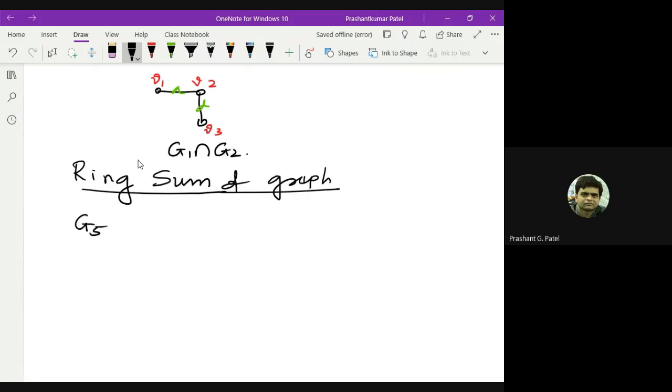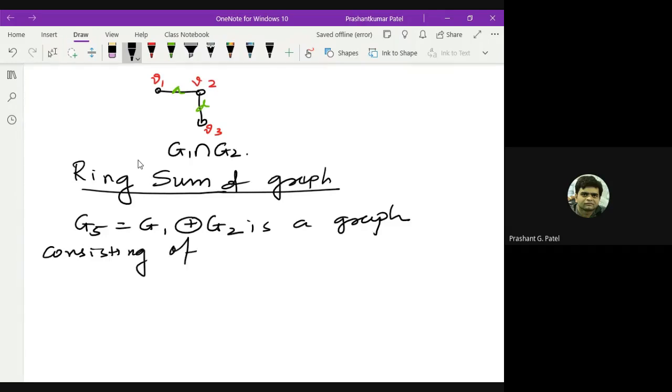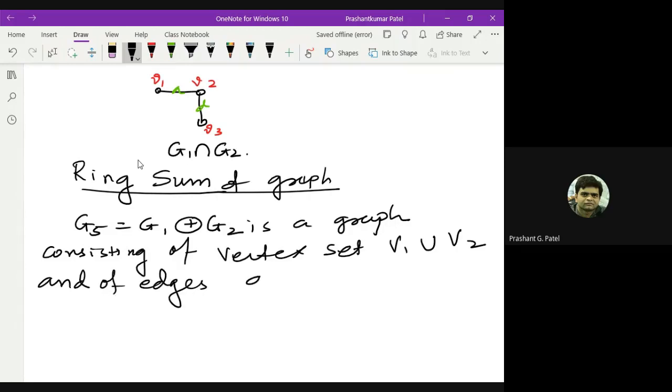So I can say G5 is equal to G1 ring sum G2, is a graph consisting of vertex set as V1 union V2 and edge set of edges that are either in G1 or in G2, but not in both.